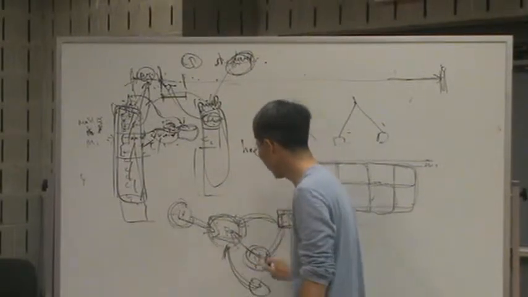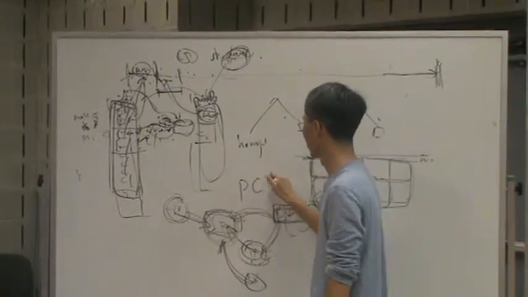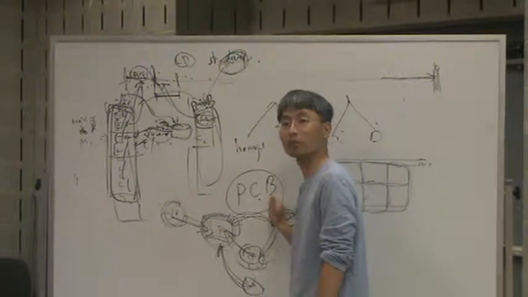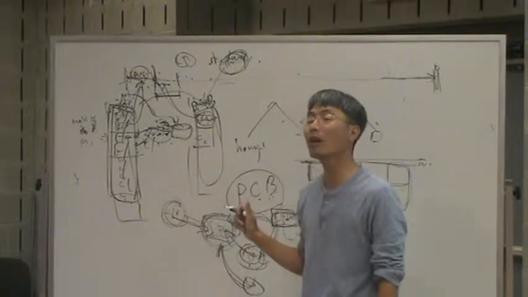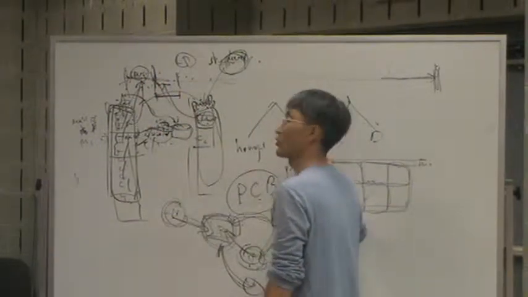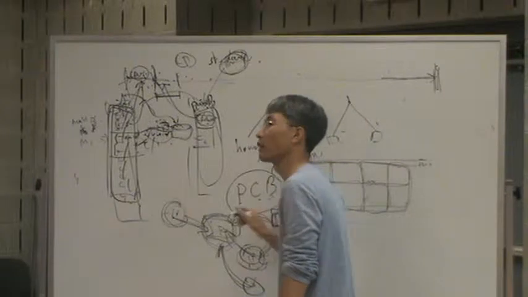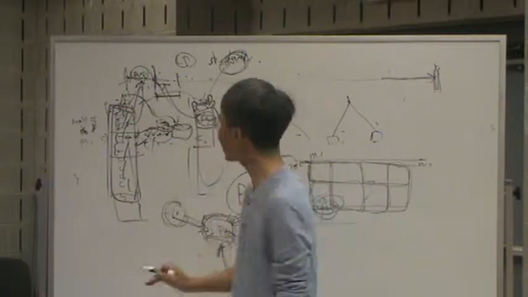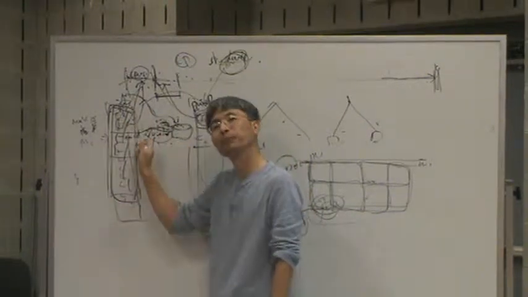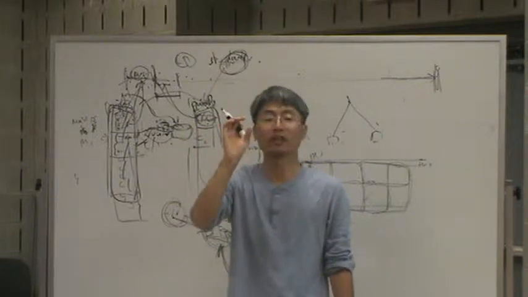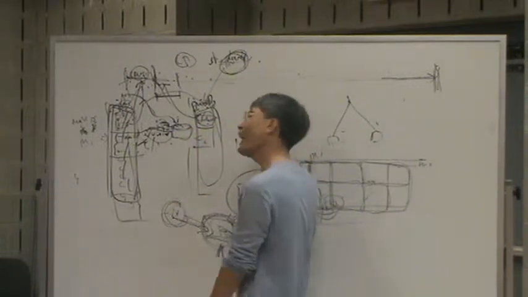Instead, you can manage the PCB, process control block. Can you remember that? The process control block is a small data structure per process. It contains only the important information about that process. It doesn't keep all the instructions of that process. Instead, it keeps only the important header information.